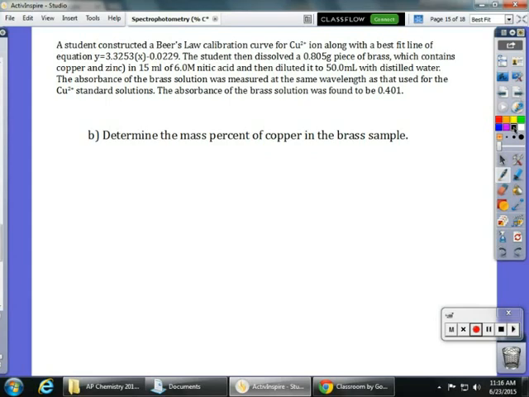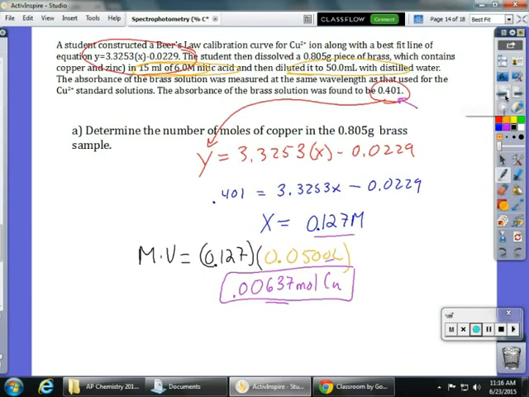So let's look at part B. Part B asks us to find the mass percent. And remember, mass percent is the mass of the thing that you're looking for over the mass of the total. So what's the total? The total was the piece of brass, which was the mixture of copper and zinc. So it's 0.805 grams. We need to find the grams of copper. Well, that's pretty easy. You've already found the moles, 0.00637.